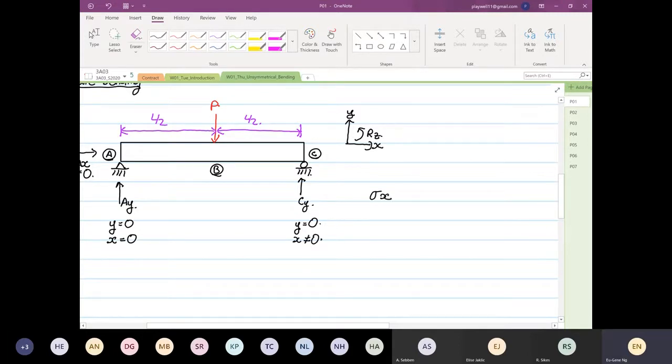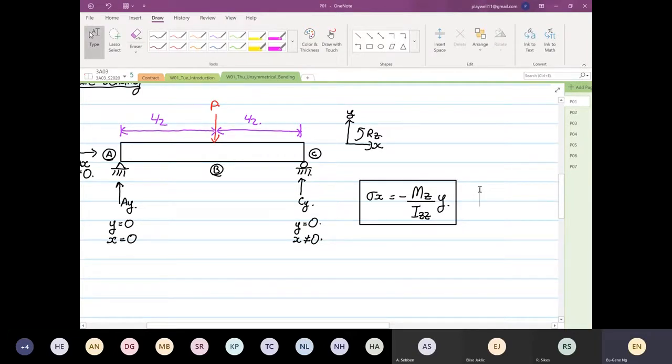It is equal to Mz over Izz multiplied by y, and in general you will have a negative sign in front of this formula. This is the formula that we will generally use to find the stresses in the X direction.